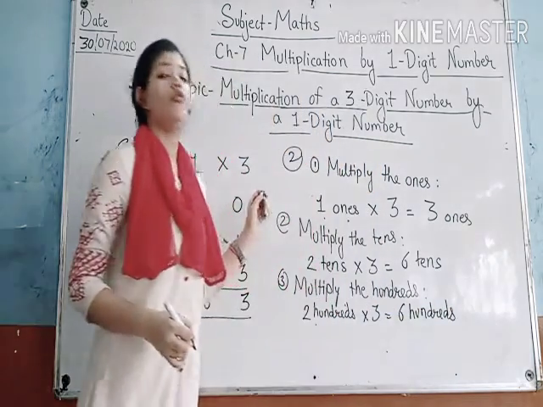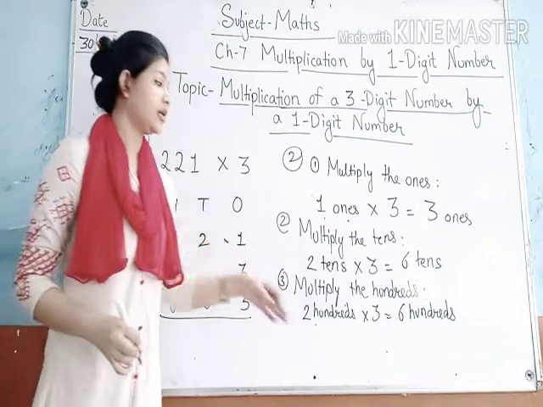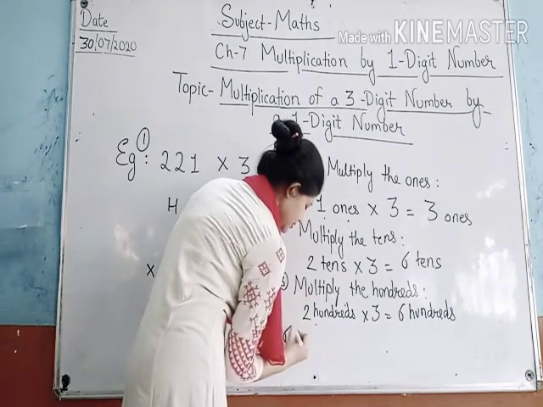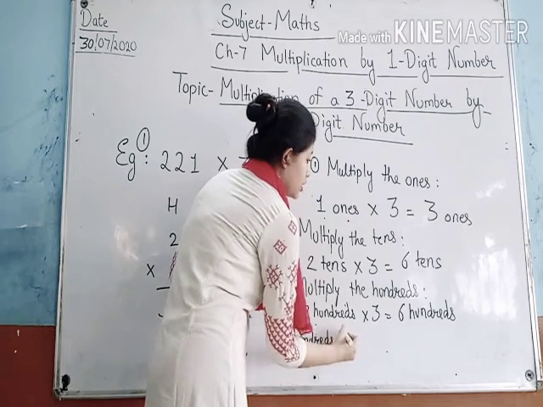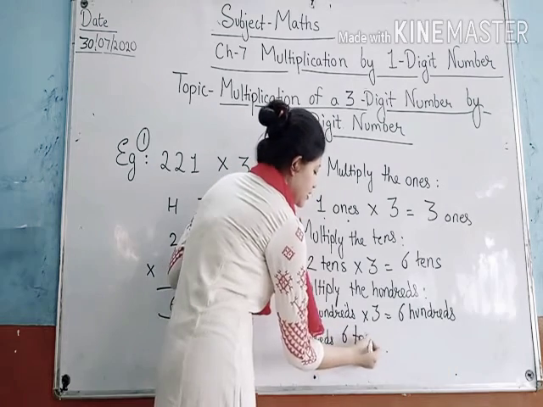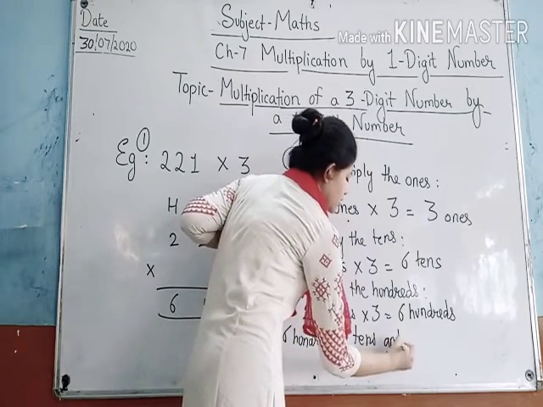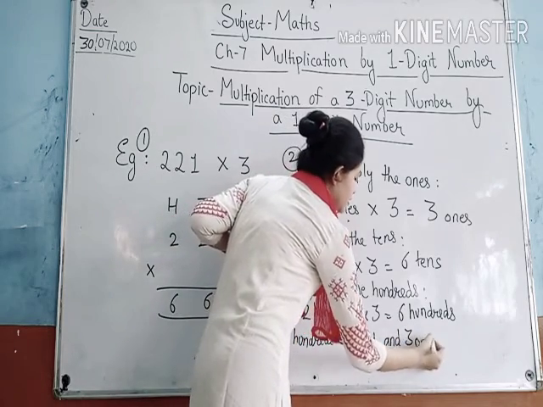Now what did we get as a product? 600, 6 tens and 3 ones.